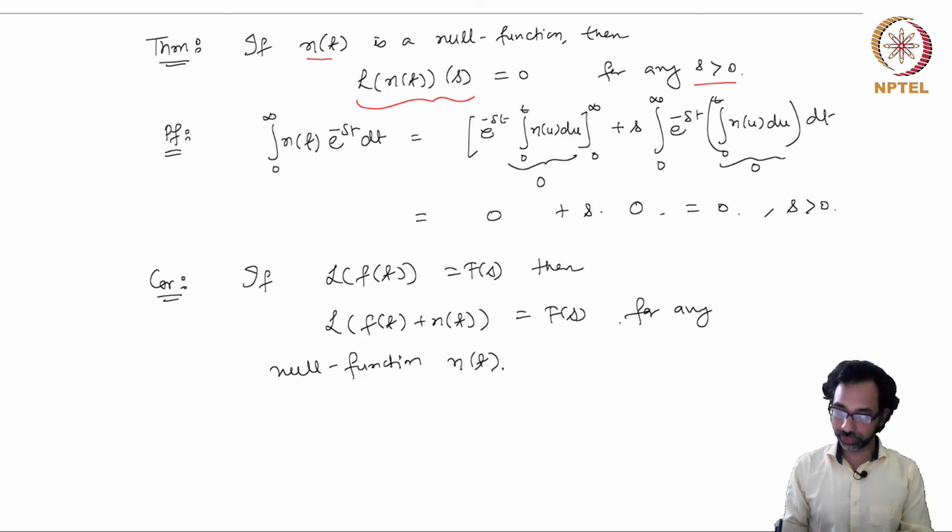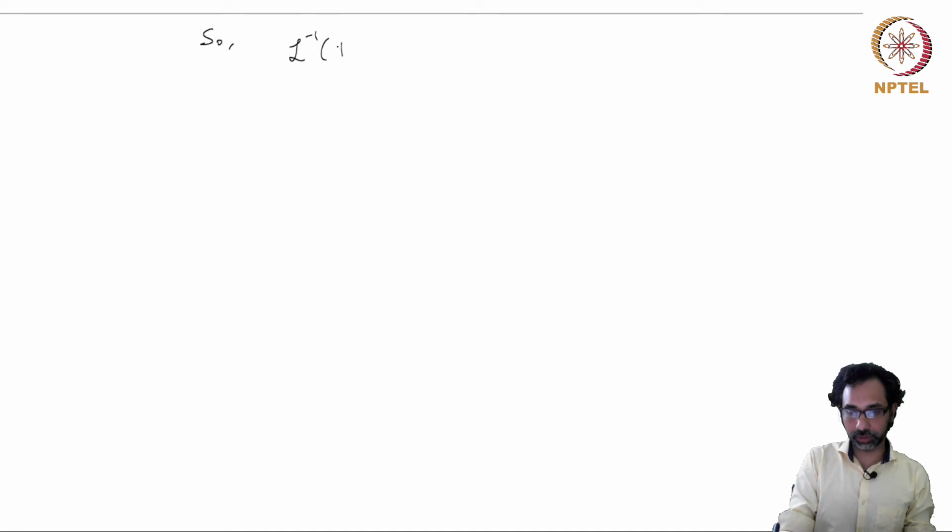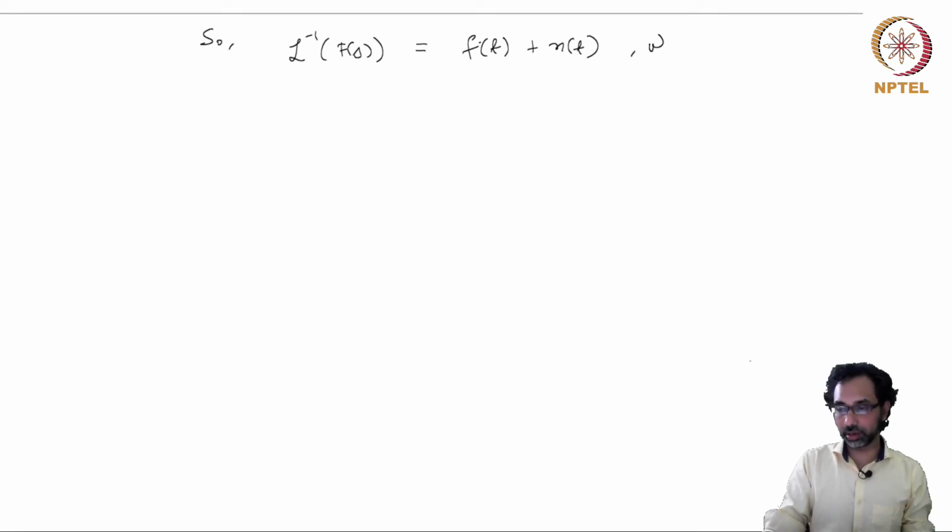Which means that we can add any null function n(t) to our original function f(t), and we get back the same Laplace transform F(s). So this implies that the inverse Laplace transform of our function F(s) can be any function of the type f(t) plus n(t), where n(t) is a null function.